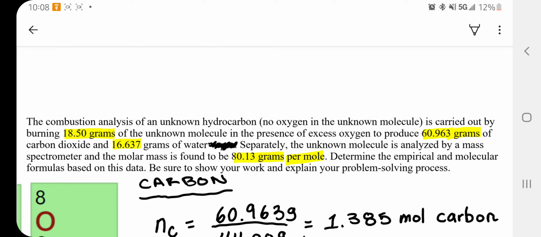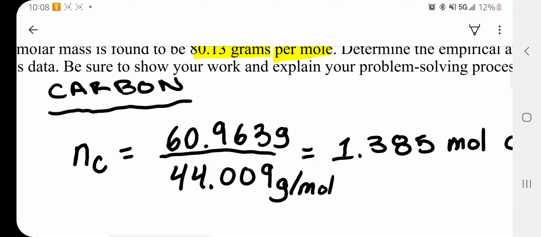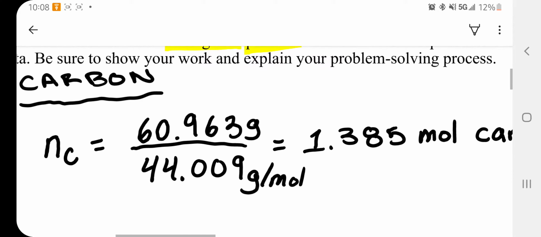To begin, we will start by finding the number of moles of carbon. This is the same as the number of moles of carbon dioxide, because there is only one carbon atom in carbon dioxide. To figure out the number of moles, it's the mass divided by the molar mass.